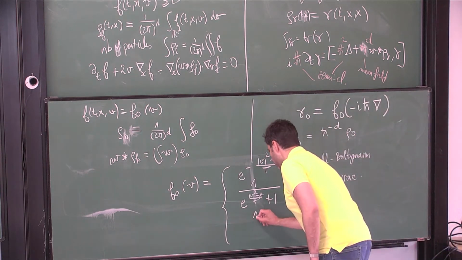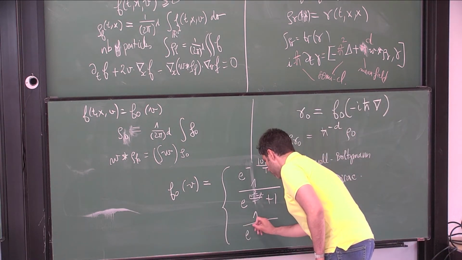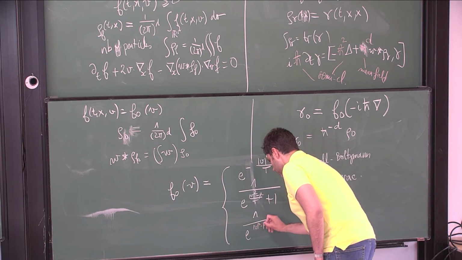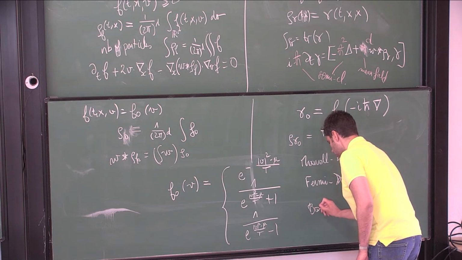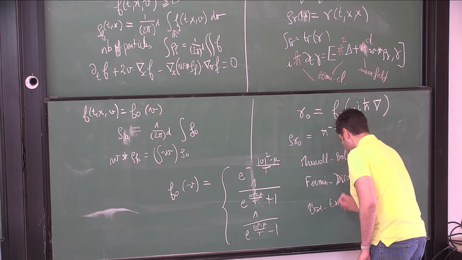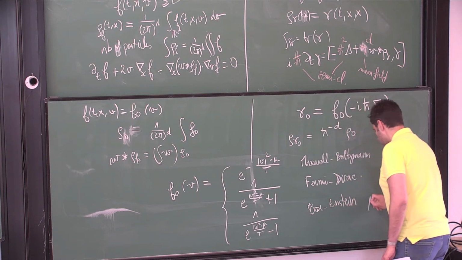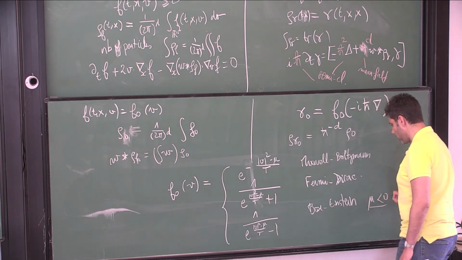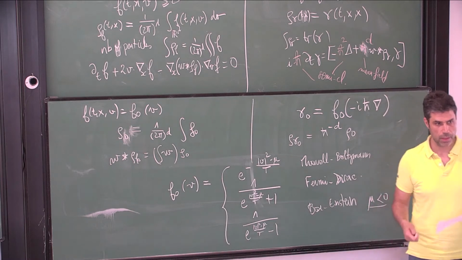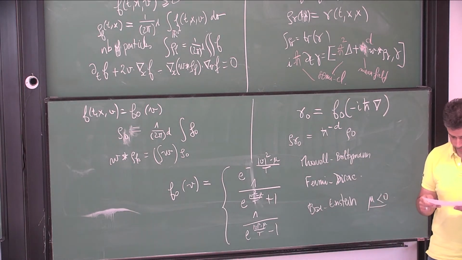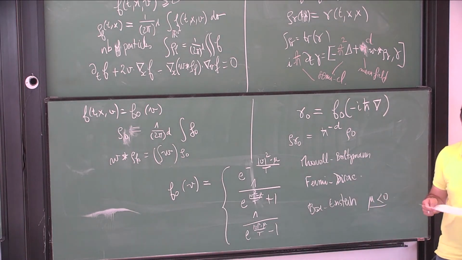And then we will also look at Bose-Einstein, which is the same, except it has a minus. And in this case, we will have to assume that mu is strictly negative to avoid any problem at zero momentum. Okay?